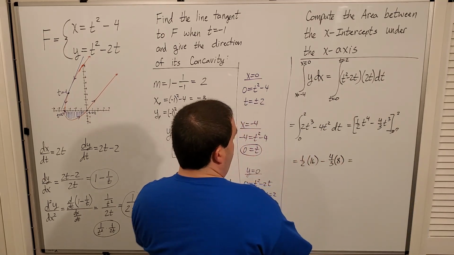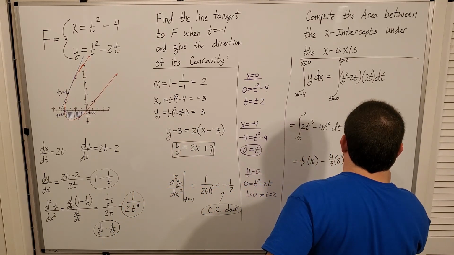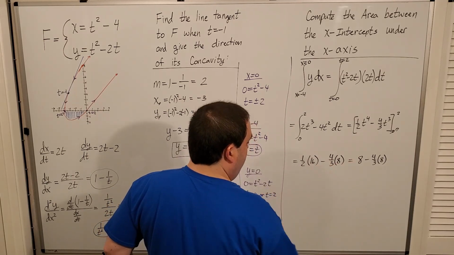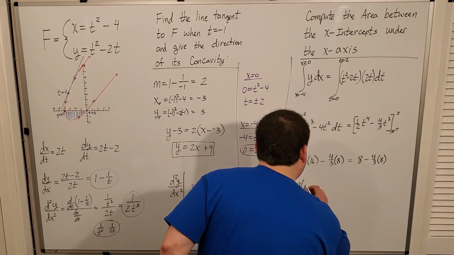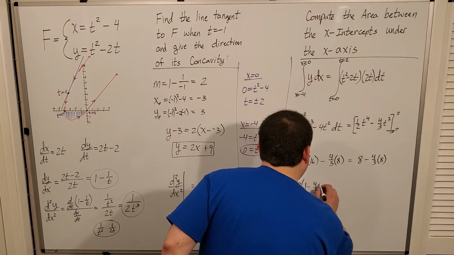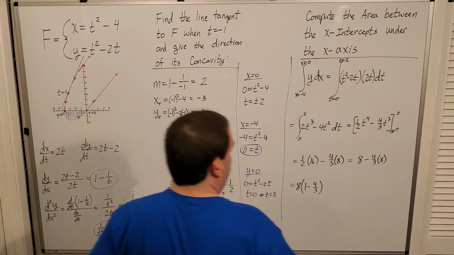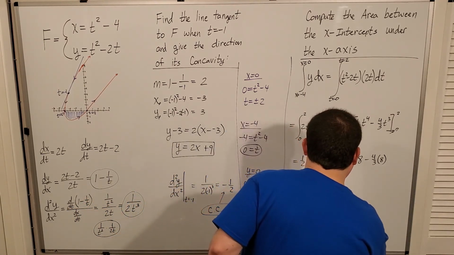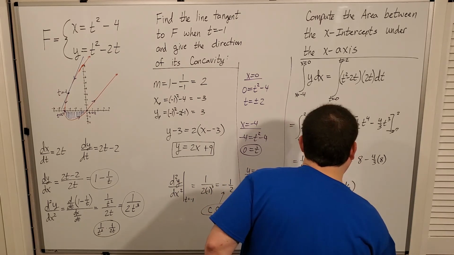So let's see. I'm going to have 8 here also. 8 minus 4/3 times 8. And I did that on purpose because I noticed they were both 8s. I'm going to make this easier on myself and factor out an 8. And that's just going to be 1 minus 4/3 right there. Obviously, 1 is 3/3 minus 4/3. I have 8 times negative 1/3.